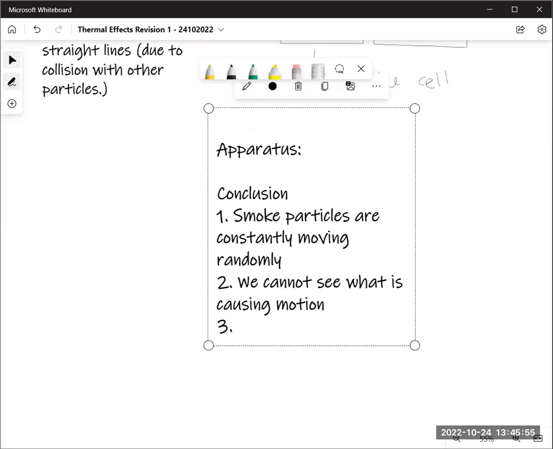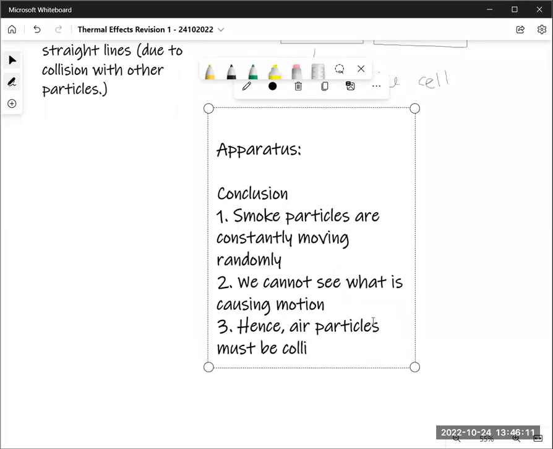Hence, what we realize from this is, since we cannot see what is causing motion, air particles must be colliding with smoke particles, causing motion.